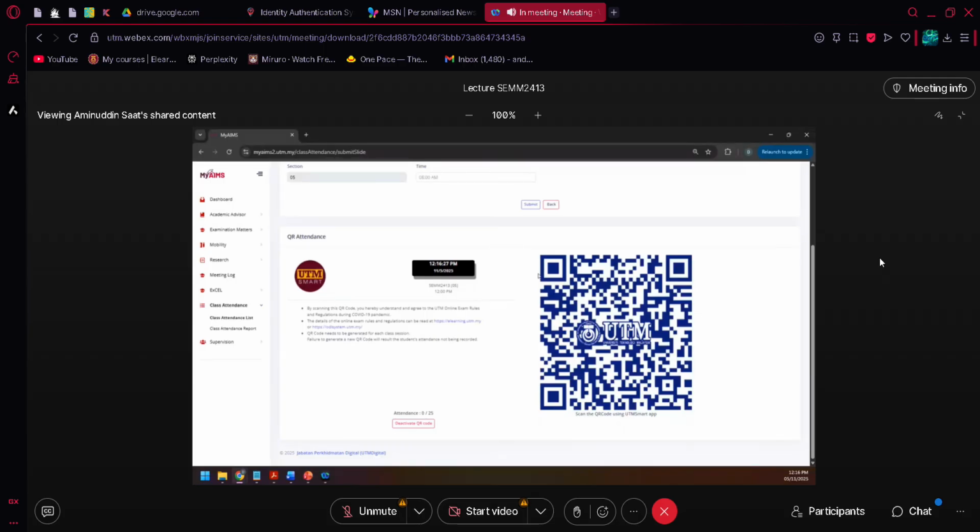Okay, so that is the QR code. Can you scan the QR code? Why does it not appear? It's not working, is it? Why I cannot see your name there?